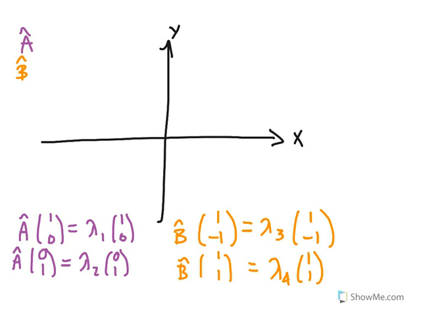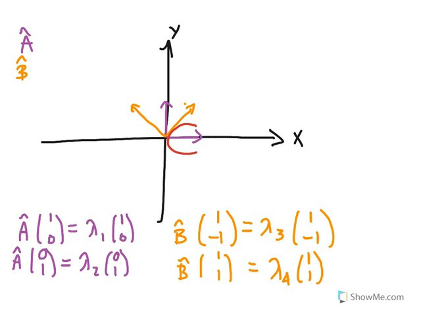Okay, so I'm going to draw these vectors. So here's (1, 1). Here is (1, -1). Here is (1, 0), or (0, 1), and here is (0, -1). And so let's pick a specific one of these states, okay?